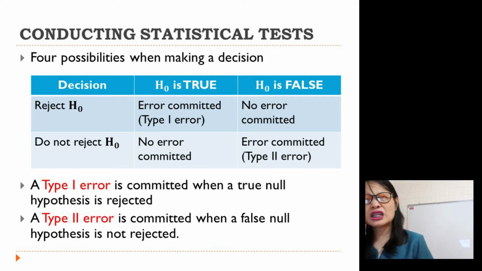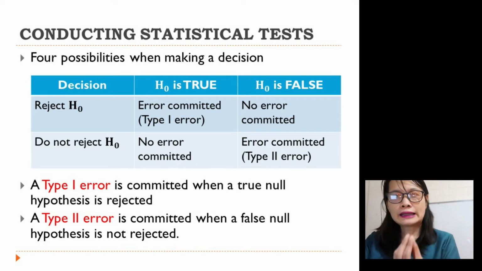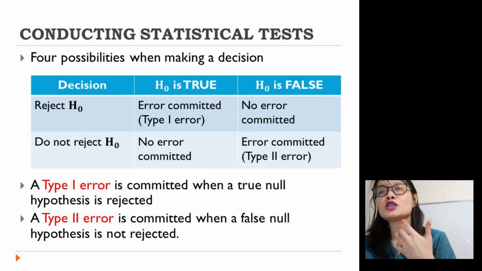Now, miss, what's the difference between type 1 and type 2 error? Okay? A type 1 error is committed when a true null hypothesis is rejected. Type 2 error is committed when a false null hypothesis is not rejected. Means, what do you mean by that one? Okay, I'll give you an example.